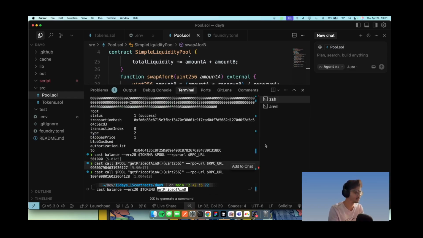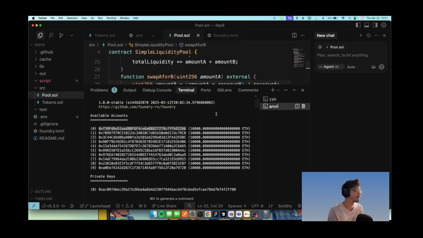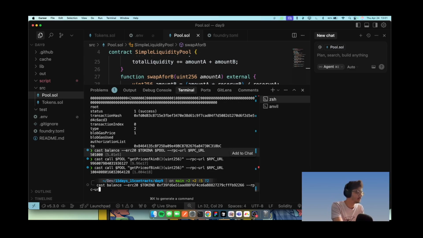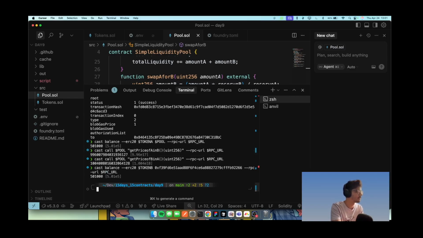Remember, he sent 50,000 B to that, so he should have 50,000 more. RPC URL $RPC_URL. But he has some more tokens in that. That means that he got some back.